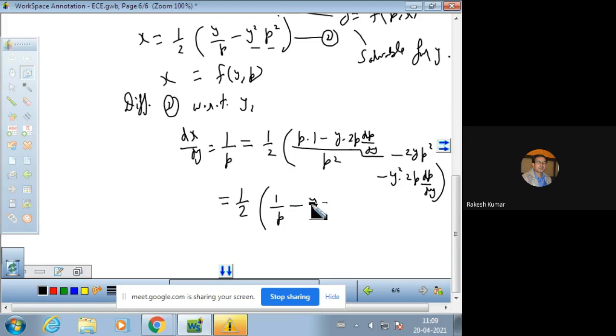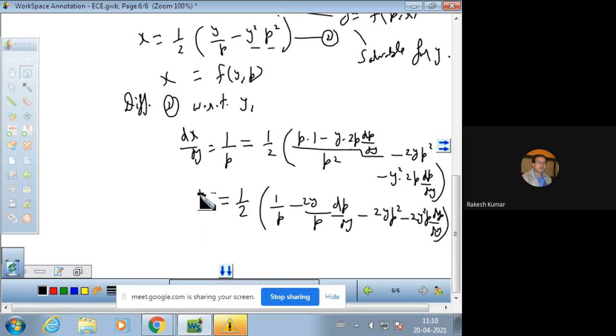So you will have y upon p, and 2 is there, and that will be dp over dy. And similarly, you will have 2y p square and minus 2y square p dp over dy.